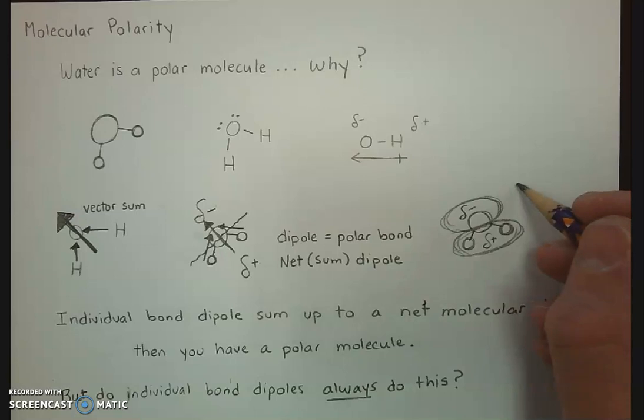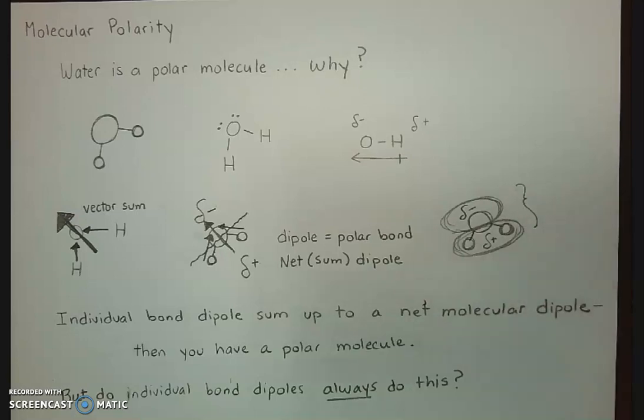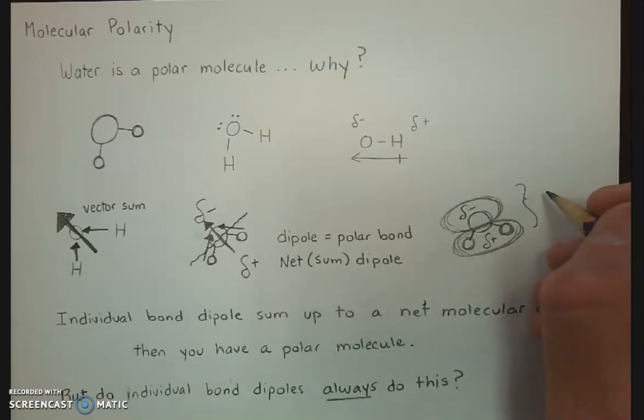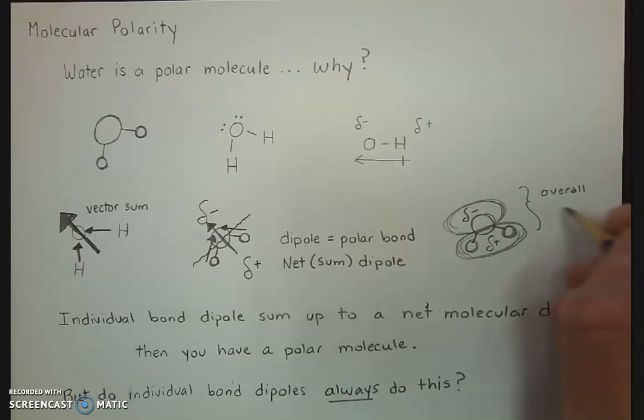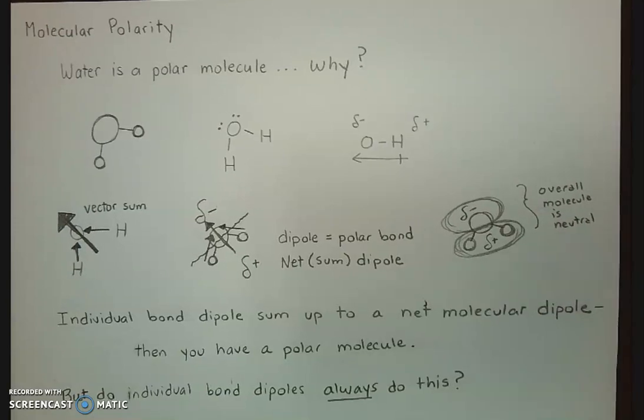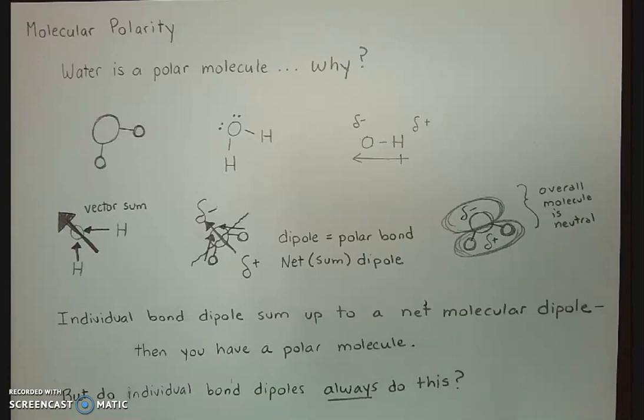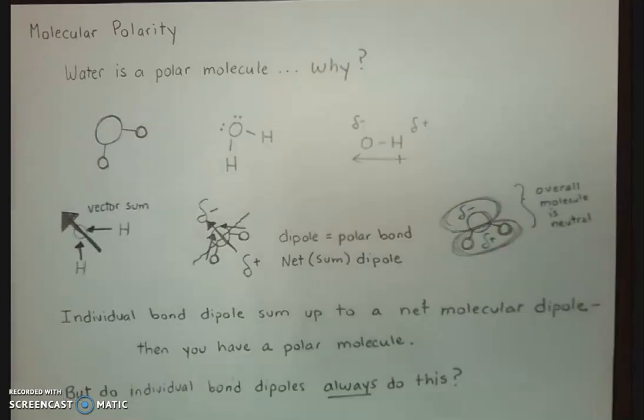Now remember, any overall molecule is neutral. Molecules are neutral, unless they're polyatomic ions, but if you're speaking of a molecule, the overall molecule is neutral. Water is a neutral molecule, but it's polar because it has an imbalance of these individual bond dipoles.